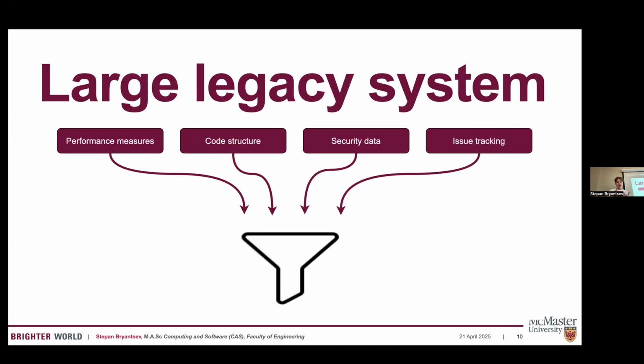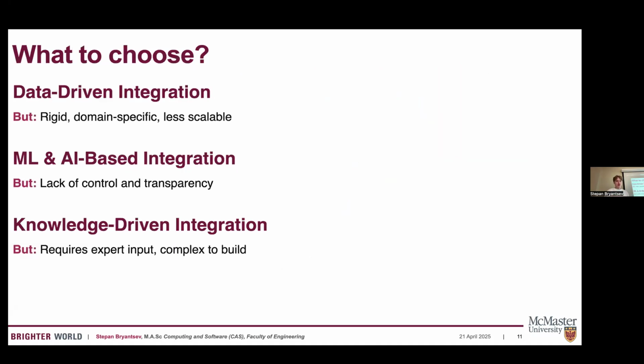There are many approaches that help you to do the data unification and integration. So probably the most straightforward one is the data-driven integration. The idea is pretty simple. You take the data and put it into some data storage.